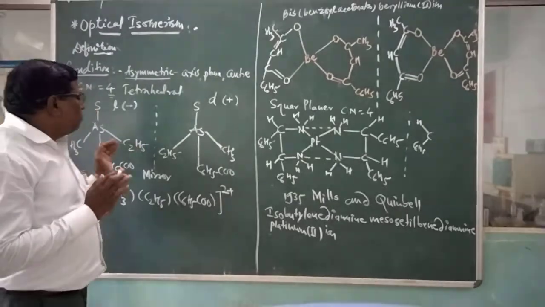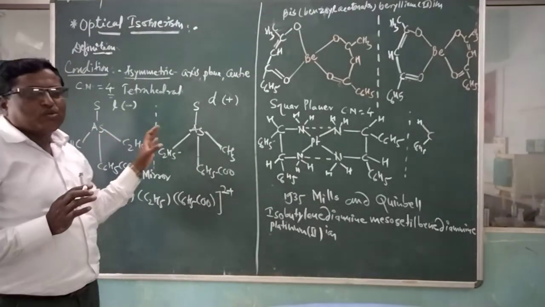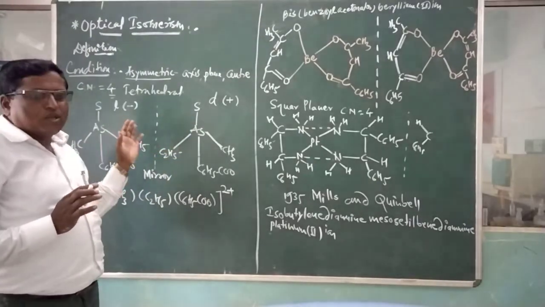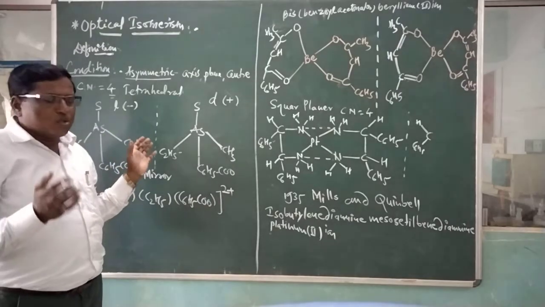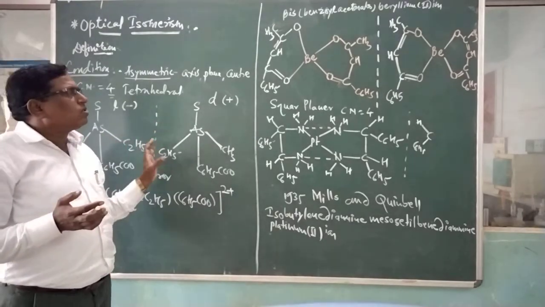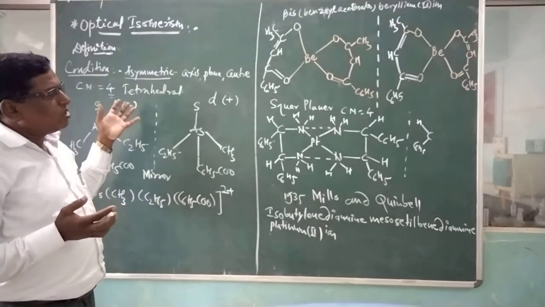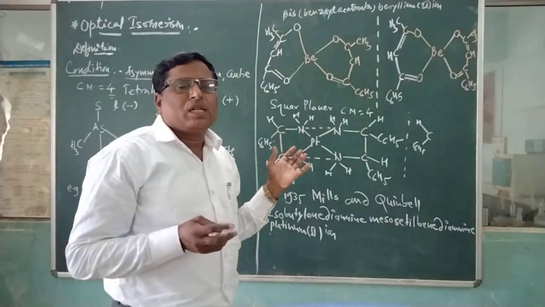Superimposed means that they do not match exactly, and therefore such compounds are called optical isomers. The phenomenon is called optical isomerism. We are going to see such examples also for CN equal to 6, where again optical isomers are observed.